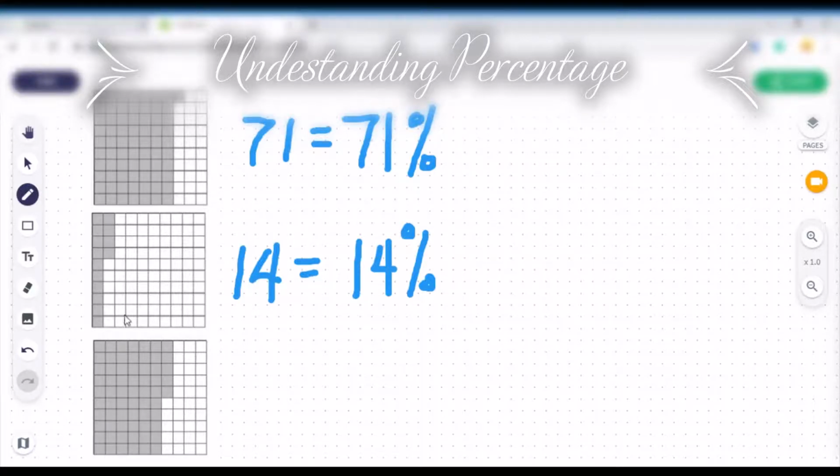One line is equal to 10, so 10, 20, 30, 40, 50, 60, so 61, 62, 63, 64, 65. That means the shaded squares is 65 squares. Therefore, the percentage of the shaded squares is 65%.